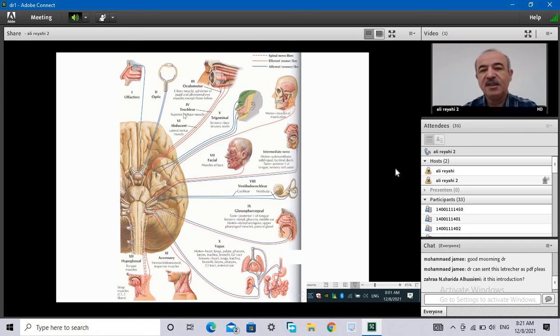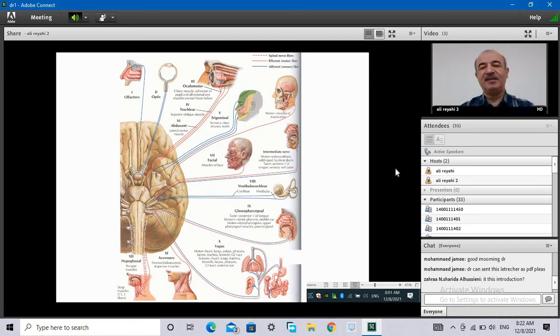The fourth is trochlear. Number 5 is trigeminal. Number 6, abducent. Number 7 is facial nerve. Number 8, vestibulocochlear. Number 9, glossopharyngeal. Number 10, vagus nerve. Number 11, accessory nerve. And finally, number 12 is called hypoglossal nerve.